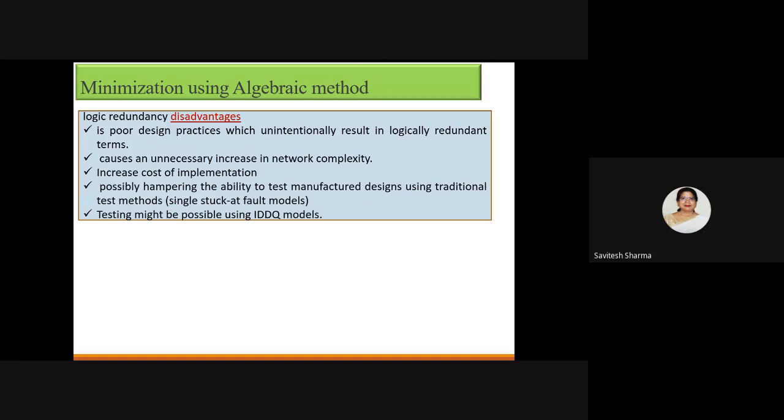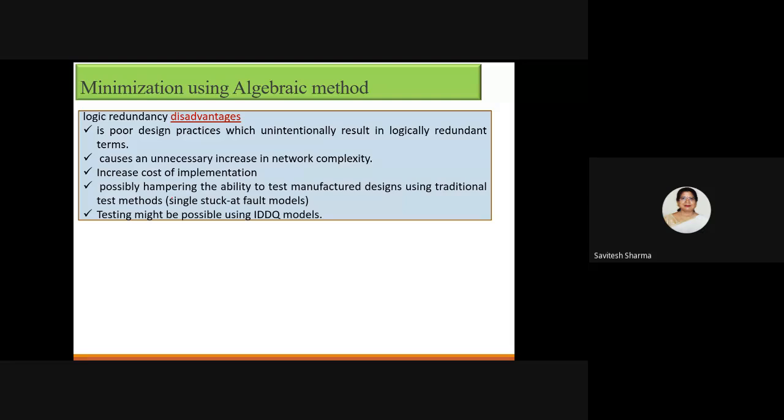Why am I saying this? While doing simulation, you will realize the importance of logical redundancy. If any term is extra, it puts a burden on the logic circuit. So you don't want any extra, additional gates. Every time your task is to minimize the hardware.